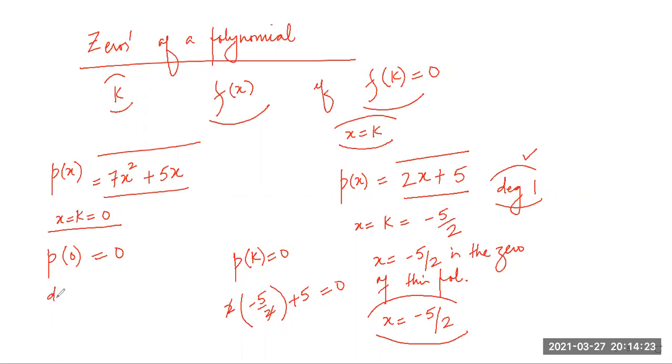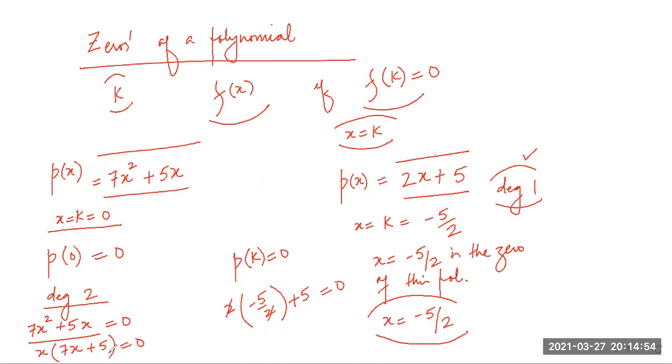Since its degree is 2, there will be two zeros of the polynomial. If you want to find out second zero, simply put 7x squared plus 5x is equal to 0. That is the condition to find out the zero. This polynomial I am assuming 0. That means x into 7x plus 5 is equal to 0.